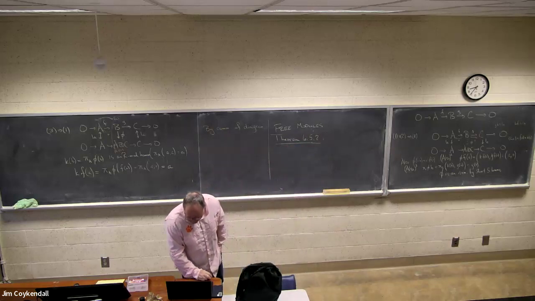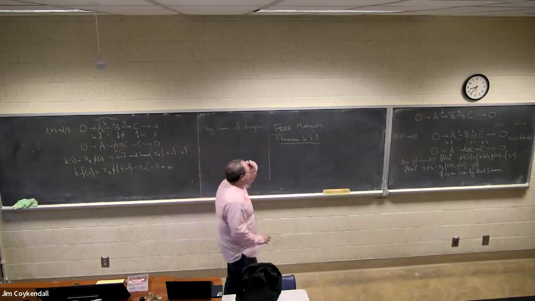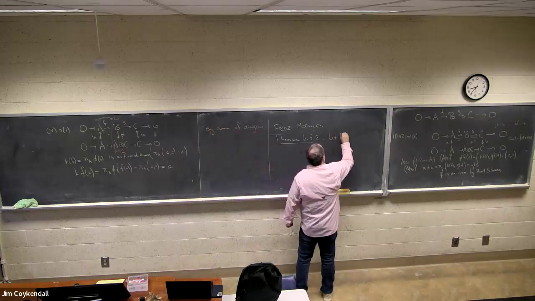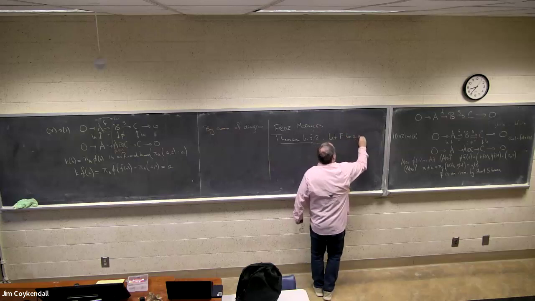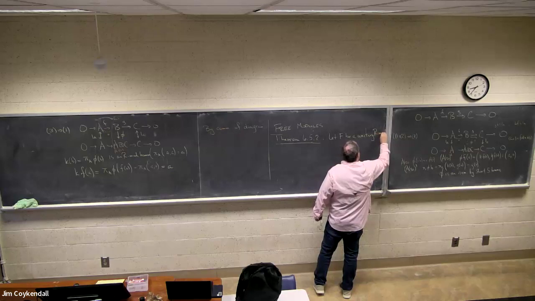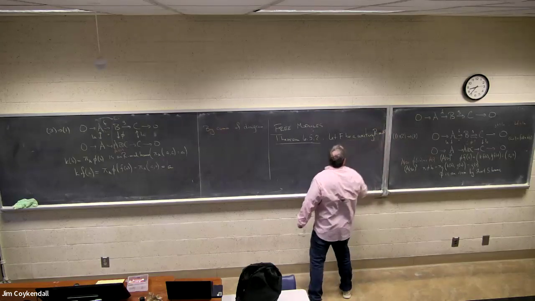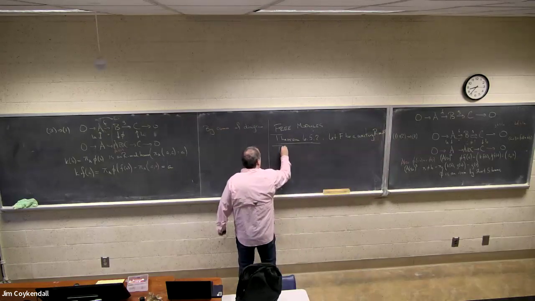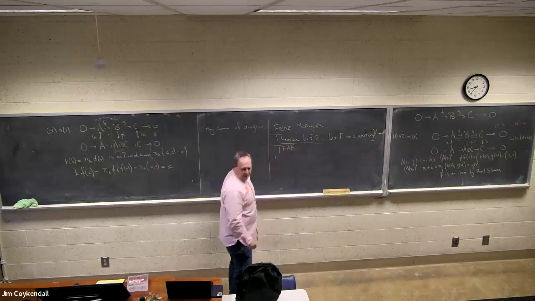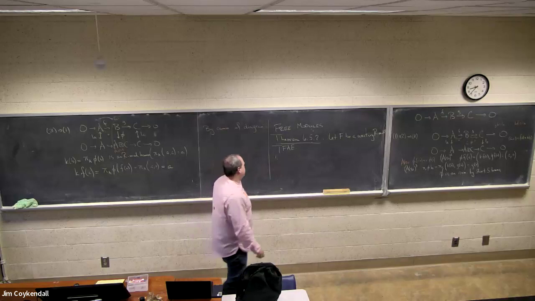Let R be a ring with identity and F a unitary R module. The following are equivalent. 1, F has a non-empty basis.